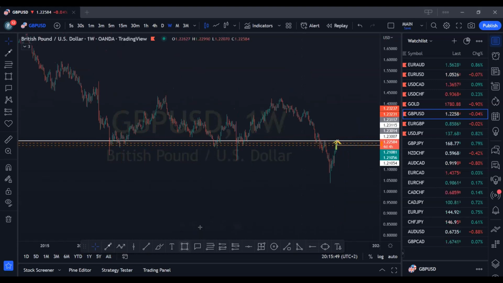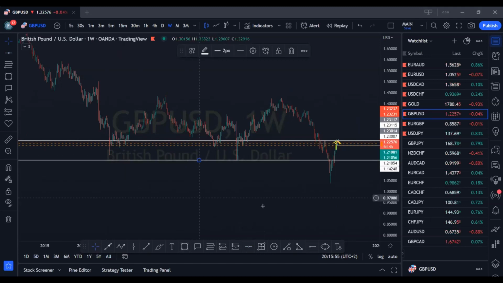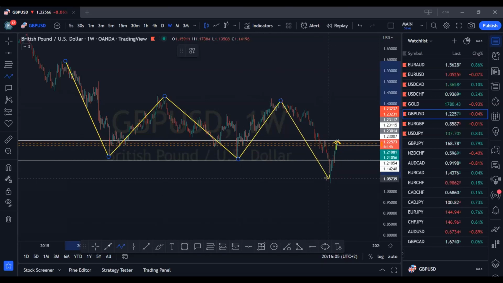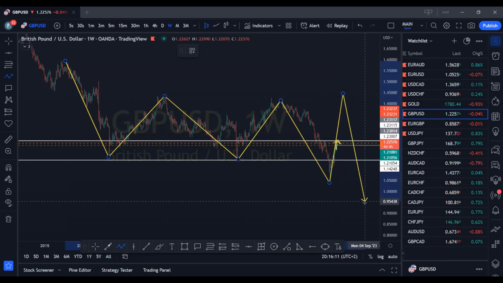And this is the zone that you found here. So your setup is like this: impulse, correction, maybe something like this. And then you're expecting price to retrace, to break this zone before going back down. Am I correct?